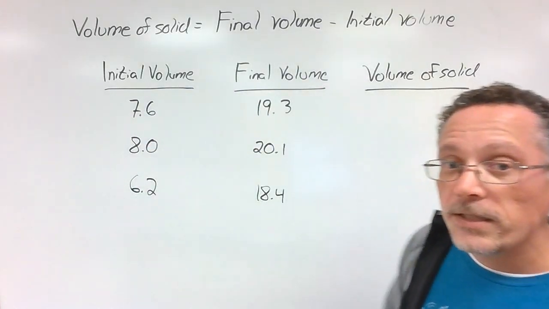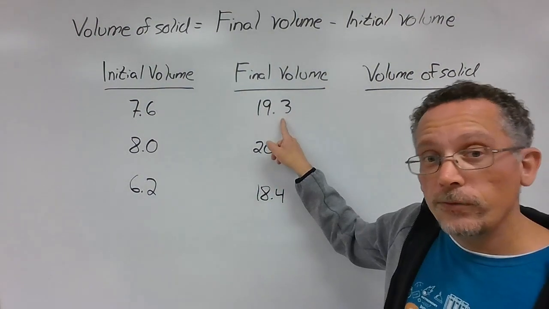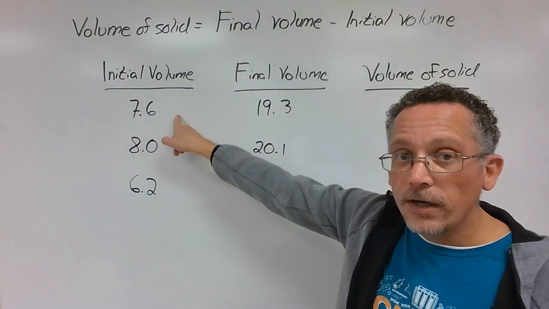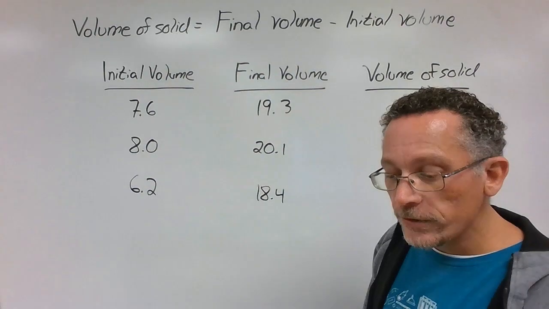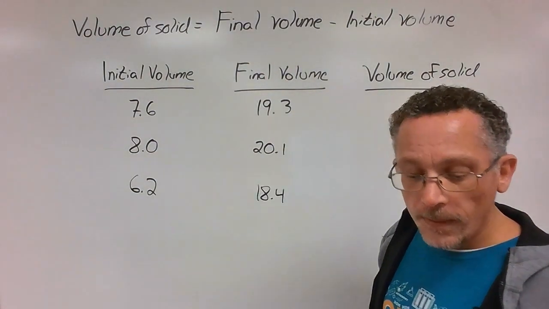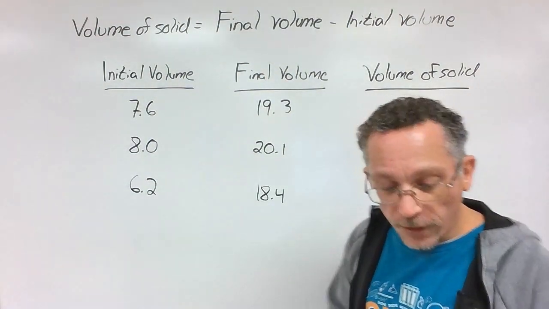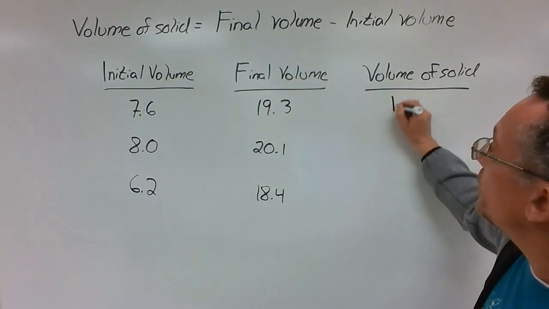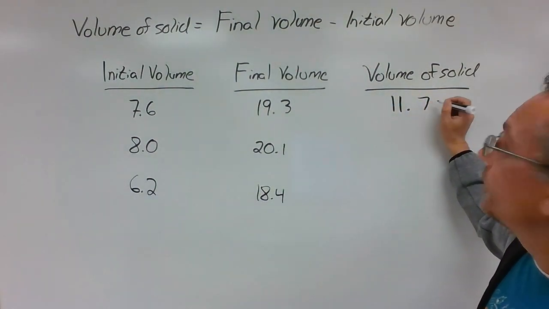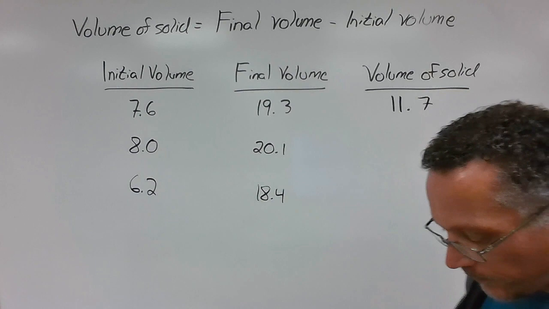So for the first one, the final volume is 19.3 milliliters. The initial volume is 7.6 milliliters. If we subtract those, the volume of the solid should be 11.7 milliliters.